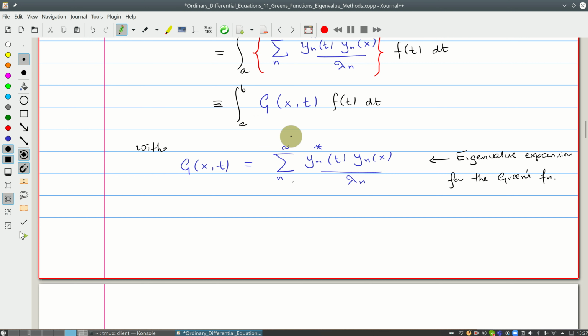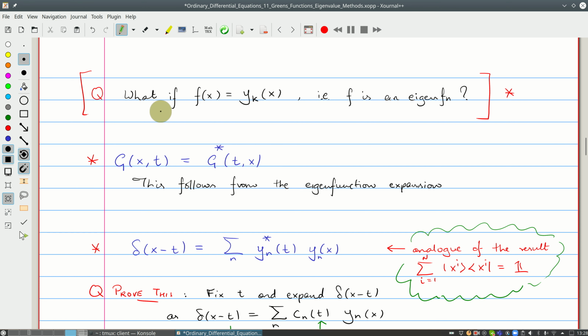We don't need the limits, because I don't know in principle what those limits are at present. So let's not make any assumptions here. So this is going to be the sum over n, yn star of t, yn of x divided by lambda n. It depends on t and x. And that's our Green's function. Great.